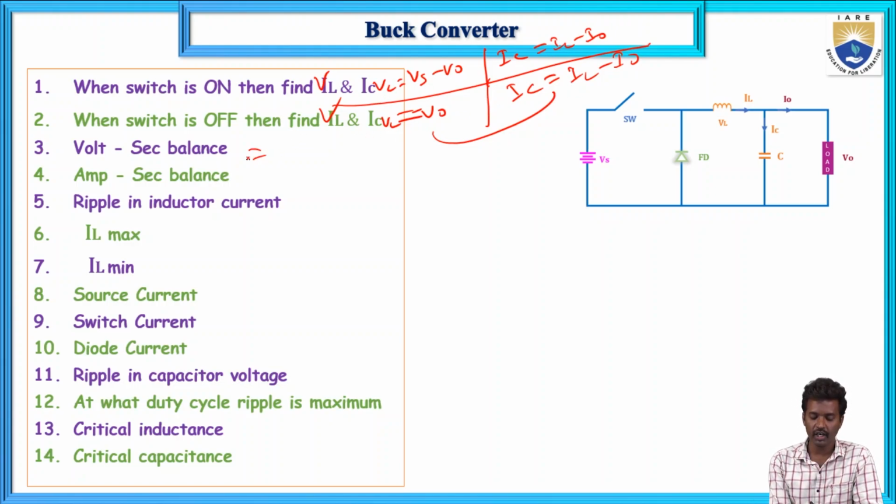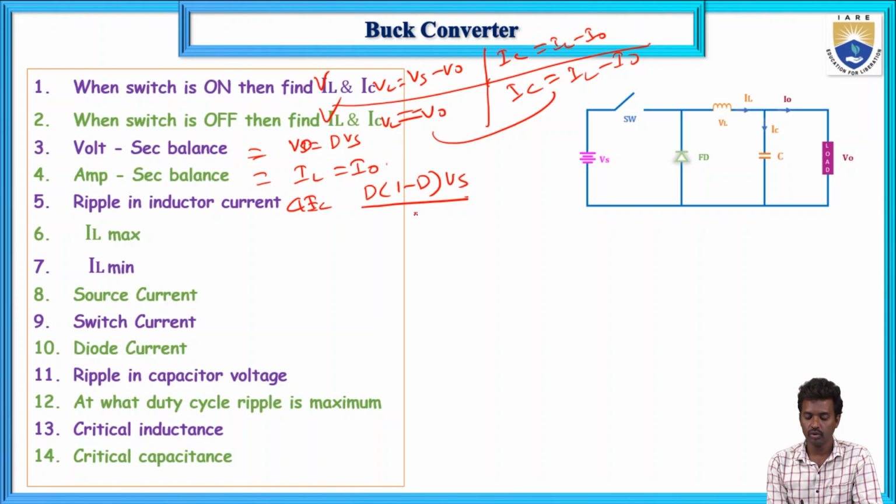Volt-second balance we calculated from this. So V naught equals D into Vs, and next, from the volt-second balance, IL equals I naught. Ripple in the inductor current is del IL equals D into 1 minus D into Vs divided by F into L. Then IL plus del IL by 2 and IL minus del IL by 2.